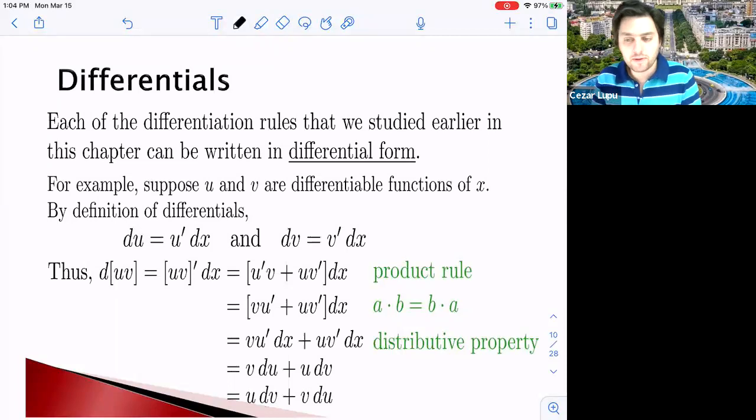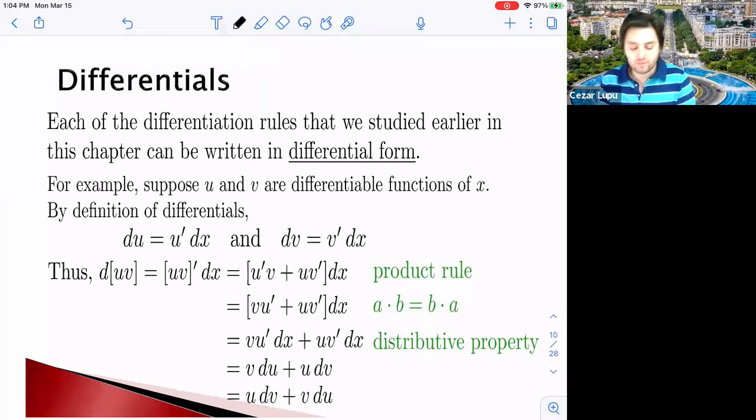Let's see more properties. Well, each of the differentiation rules that we studied earlier can be written in differential form, right? Because instead of the derivative, when you have u prime dx, you can write this as du.